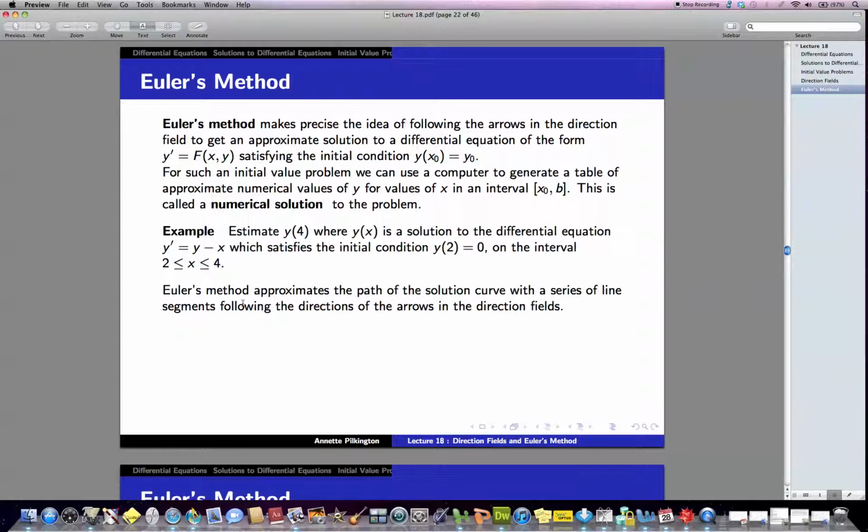But more than that, it writes down the actual values of some points on this curve, so you can actually use this sketch of the solution to make some predictions about what will happen to the curve passing through that point.